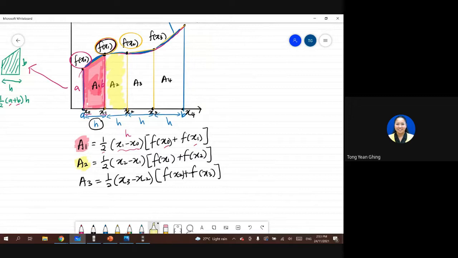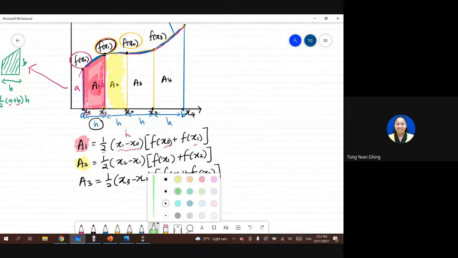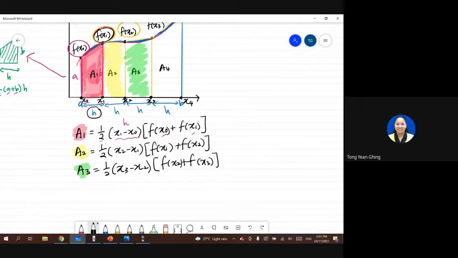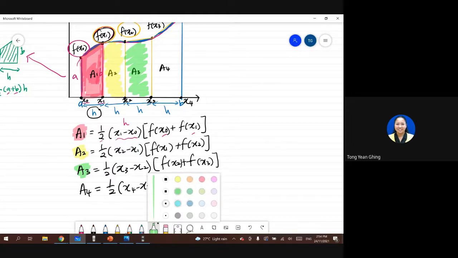So this is the third area here. And the fourth area, A4, is half times x4 minus x3 times f(x3) plus f(x4). This is the fourth one.